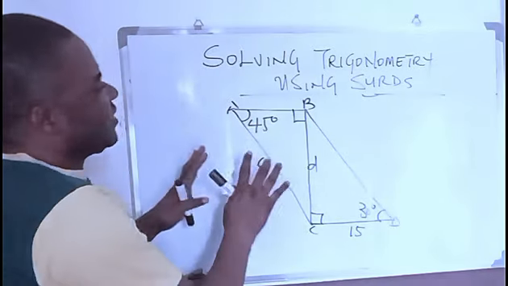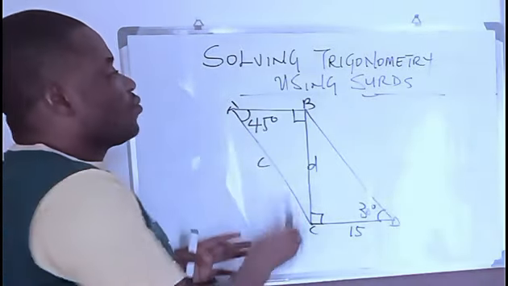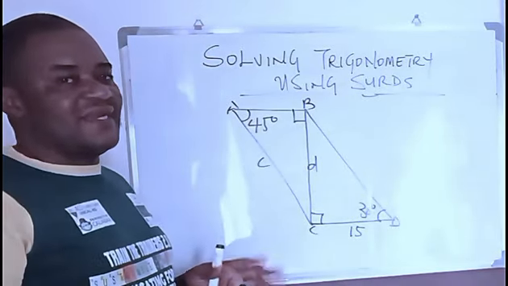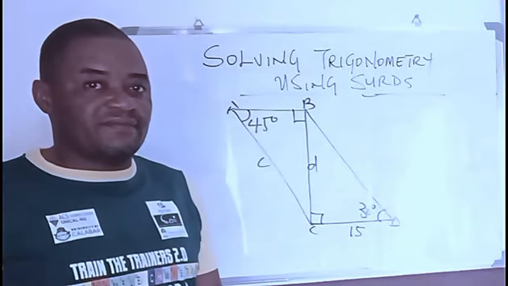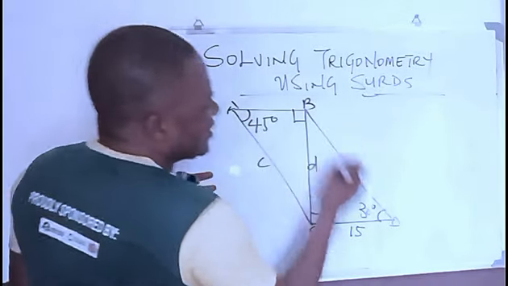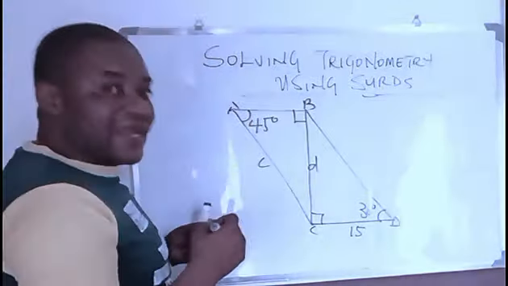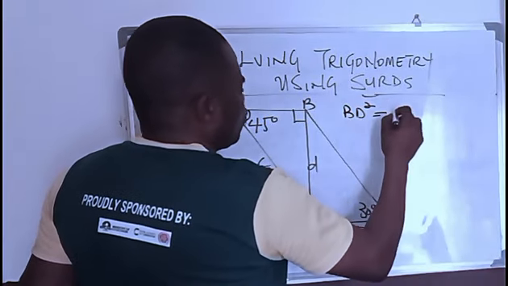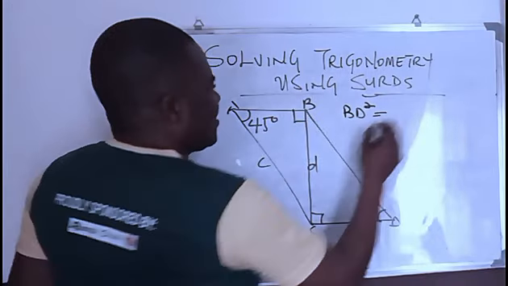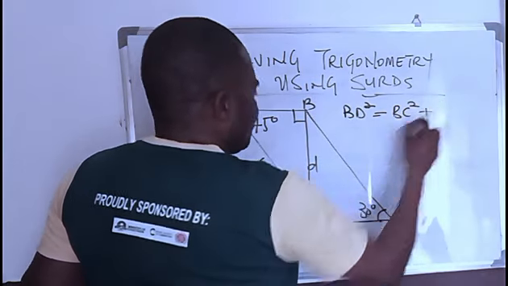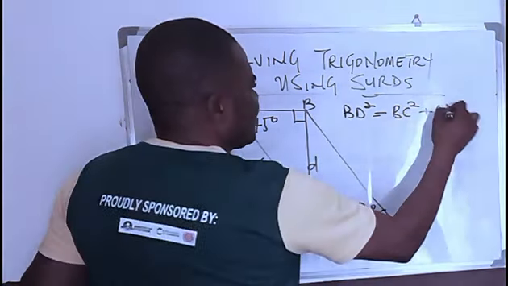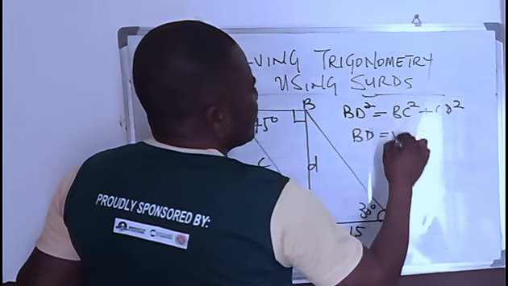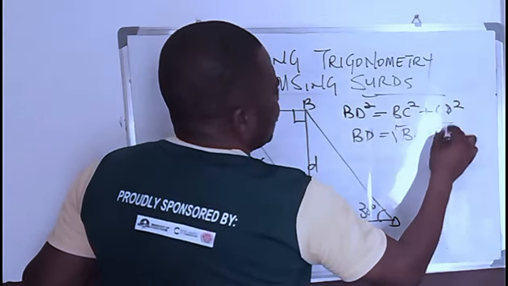If you take a look at a right angle triangle, you'll notice that one side of the triangle is longer than the other sides. And that is why in Pythagoras' theorem, you are told that the longest side of the triangle, especially a right angle triangle like this, which is BD squared, is equal to this side, which is BC squared, plus this side, which is CD squared, where of course BD will be the square root of BC squared plus CD squared.